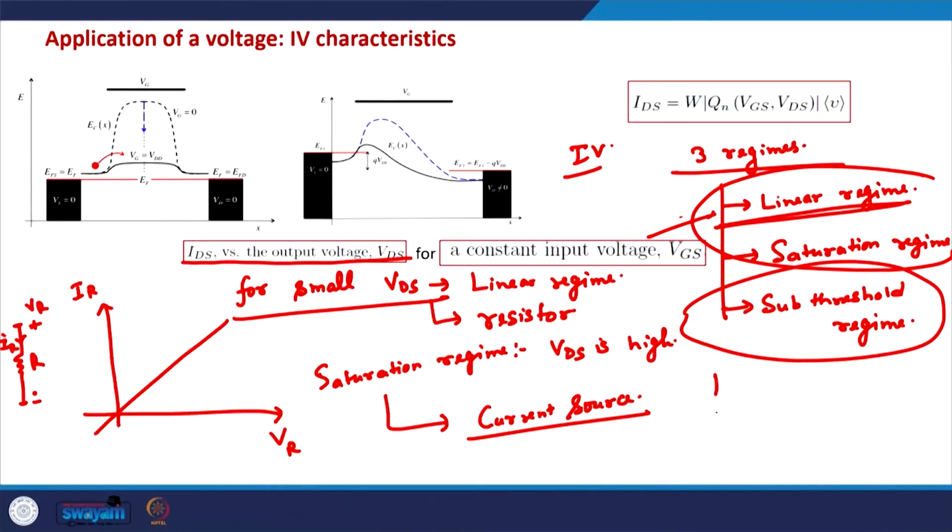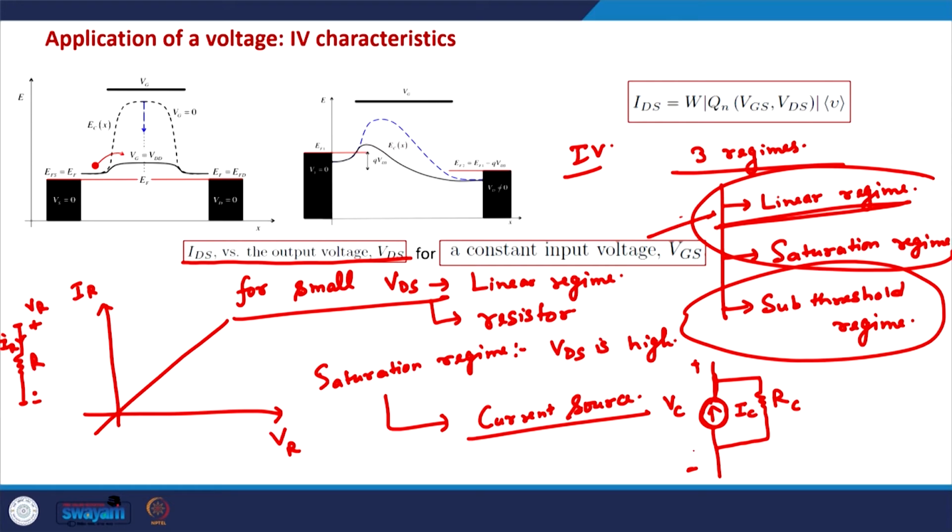So a current source typically looks like this. If this has a current IC, this IC will be independent of any voltage applied across this current source. This is the ideal current source, but most practical current sources can be approximated by a circuit in which there is an ideal current source and a resistance in parallel to it.